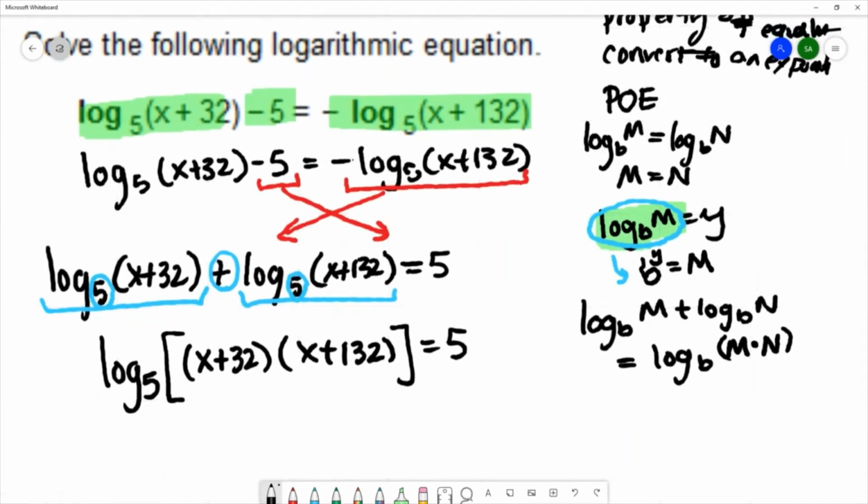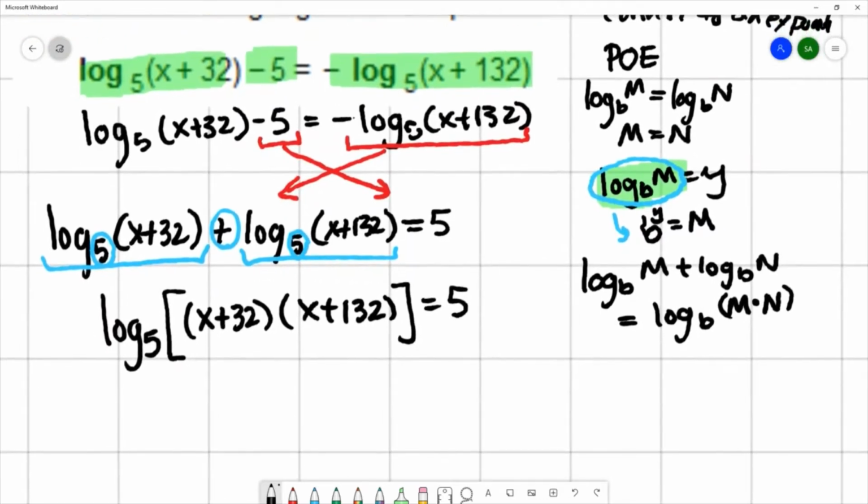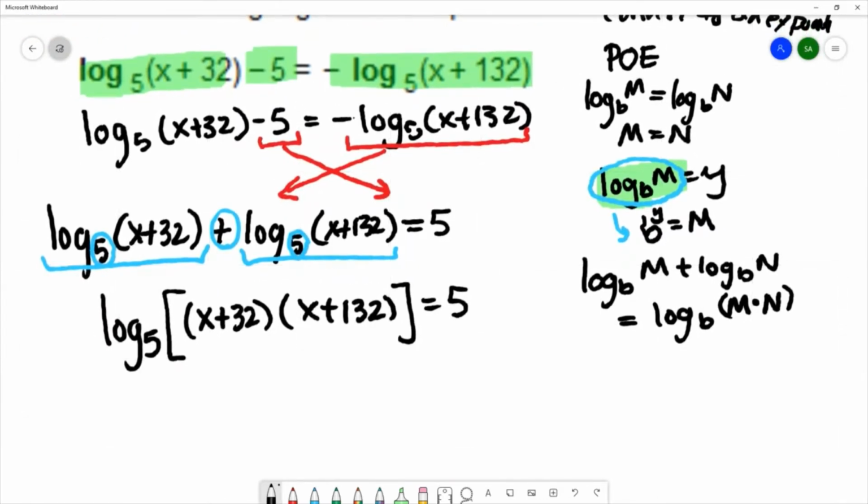So now we've got it in a format where we can use this method of converting to an exponential. And when we convert, we're going to use the base of this log. The log always equals the exponent. So 5 to the 5 equals (x plus 32) times (x plus 132).